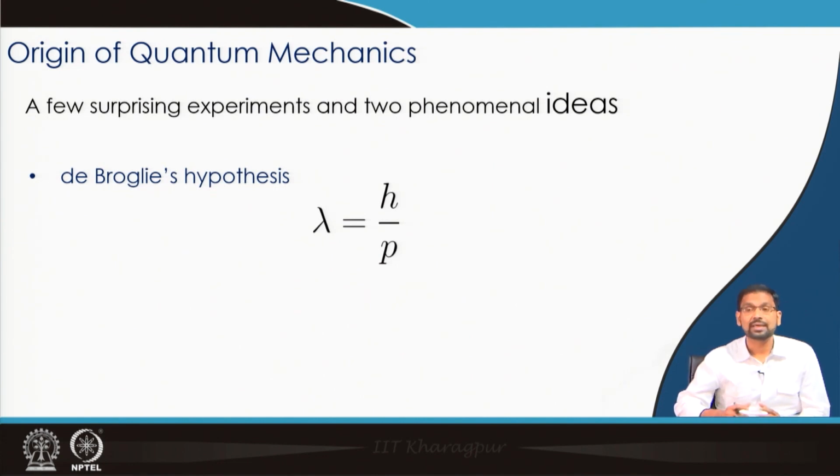Now, de Broglie in his hypothesis suggested that like light, any other particle that we see, the particles that we see of course are particles, but they also have wave-like nature. That was very puzzling.